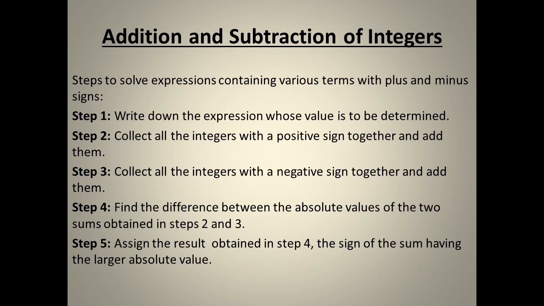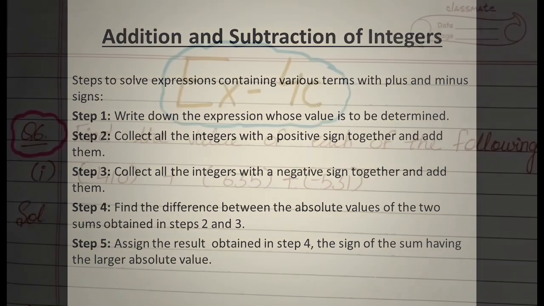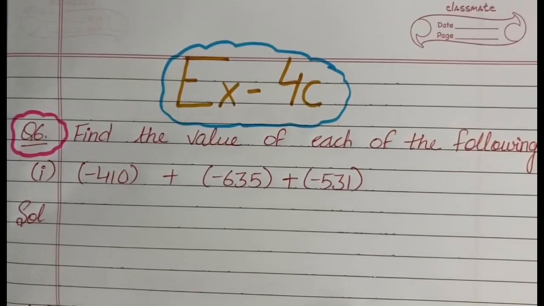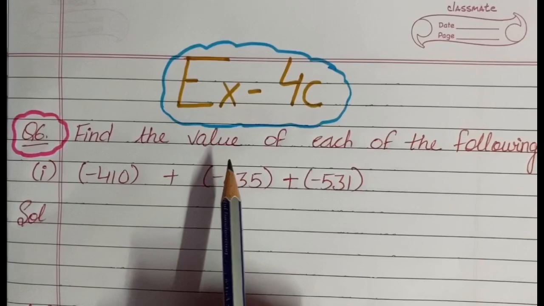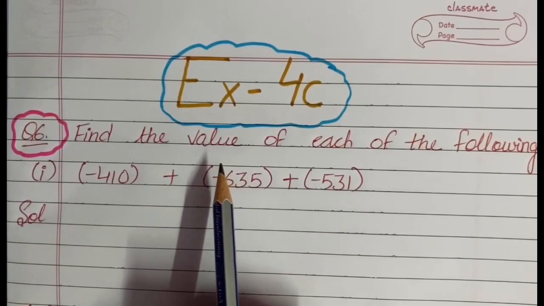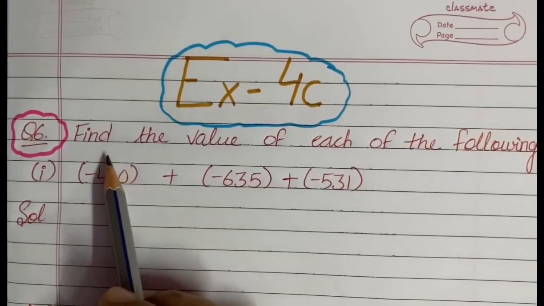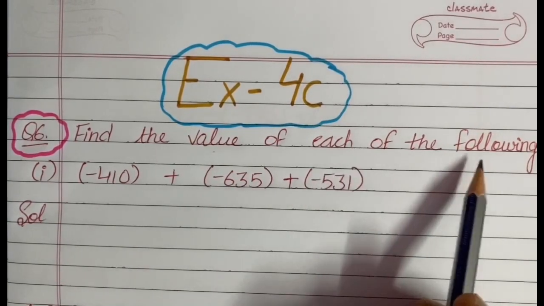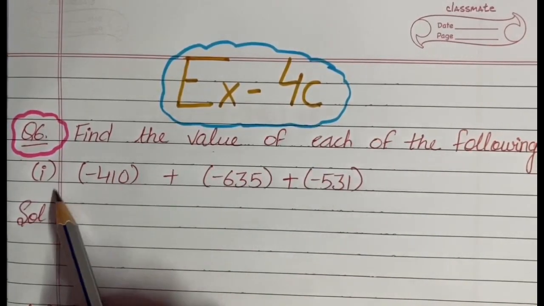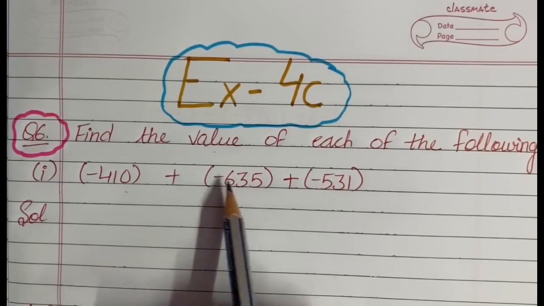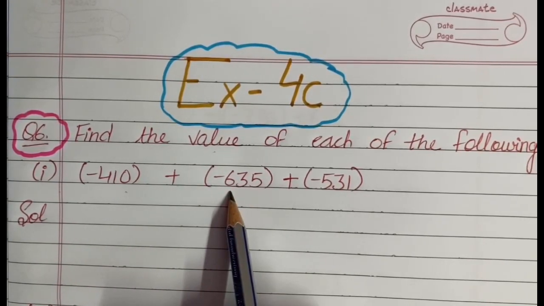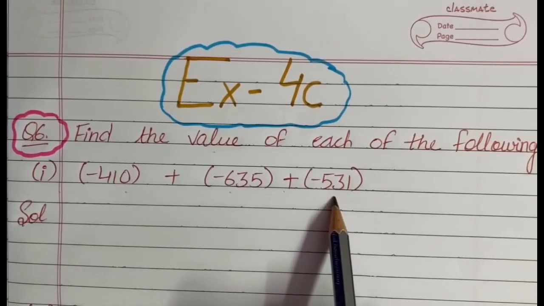Now students, let's see with the help of an example. I have taken question number 6 of exercise 4C, and the question says find the value of each of the following. The first part is minus 410 plus inside the bracket minus 635 plus inside the bracket minus 531.